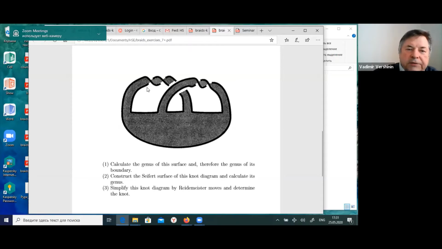We forget that there is a surface in between the lines. So this is a knot diagram. For example, here there should be arcs, and these are crossings.